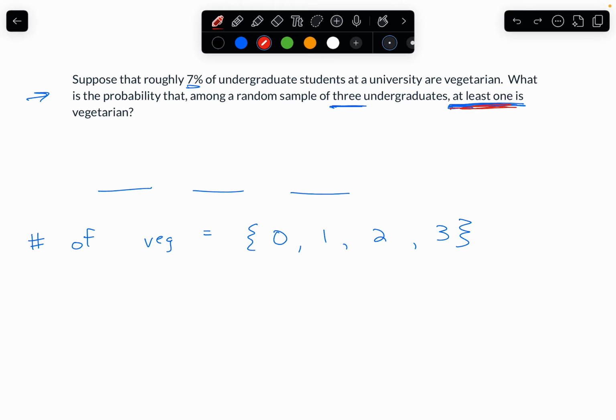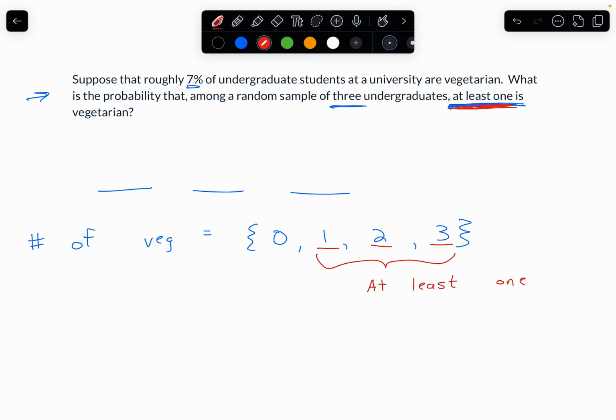I want to think about what this phrase at least 1 means. When I say at least 1, first of all, 1 is at least 1. What that means is 1 or more. So this is at least 1. It could be 1, it could be 2, or it could be 3.